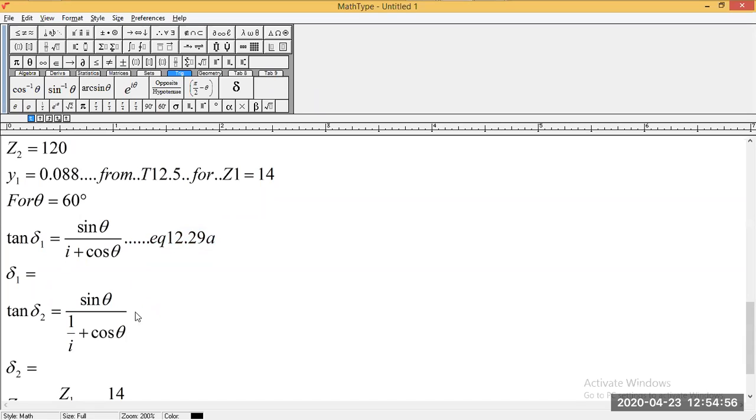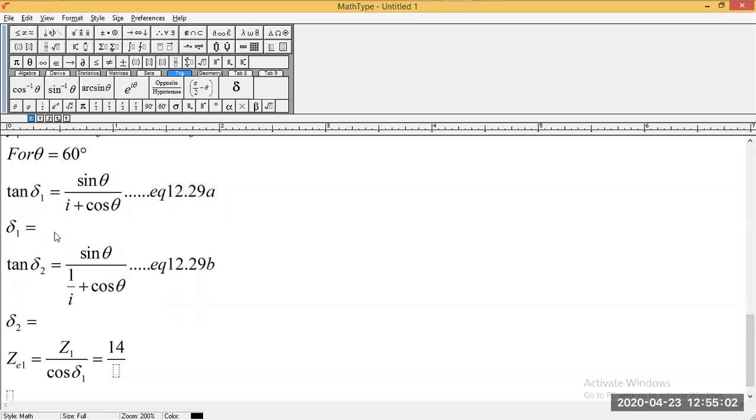So this here is equation B. A small mistake can change a lot of things here. Theta is 60 degrees, so therefore use this formula here. Theta here is, let me put tan.